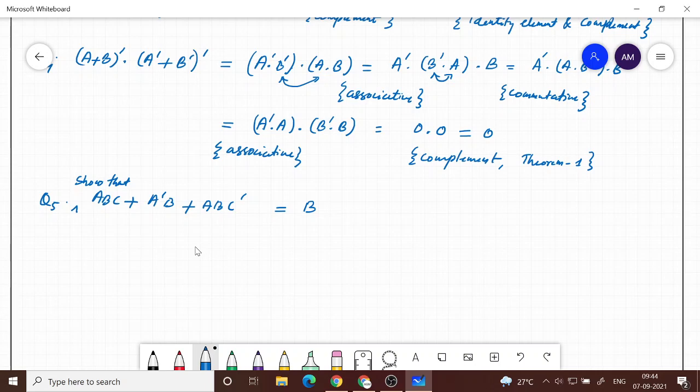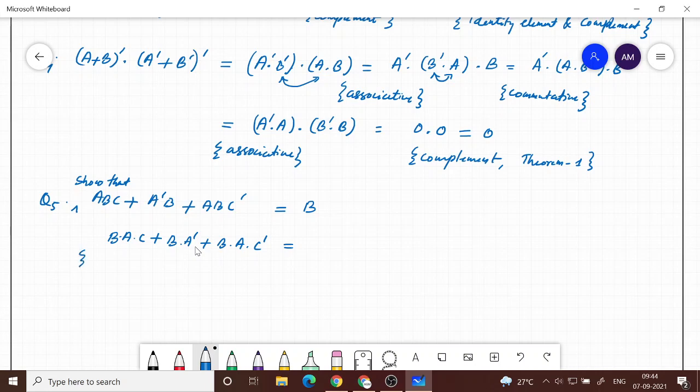So if you look at b, it is common everywhere. So first thing you can do is basically interchange a and b positions and write like this: b a c plus b a dash plus b a c dash.